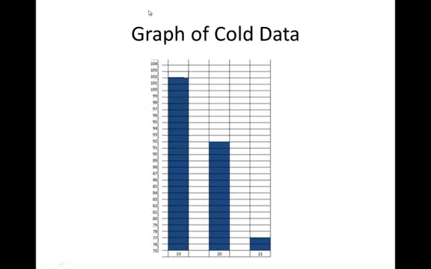So here, if you look at the graph of cold data, you're going to see our temperatures of 19 degrees Celsius, 20 degrees Celsius, and 21 degrees Celsius. And then here to the left, you're going to see our shortest time was 77 seconds, and our longest time was 102 seconds, and our middle time here was 92 seconds.